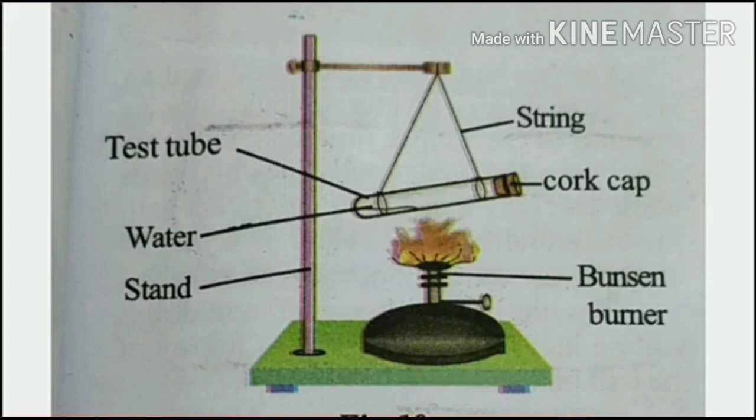The cork will move like this and the test tube will move in the opposite direction. Here the rubber cork cap shoots out from the test tube, and with the same force the test tube is thrown back in this way.